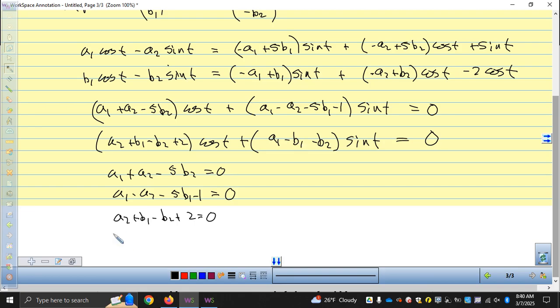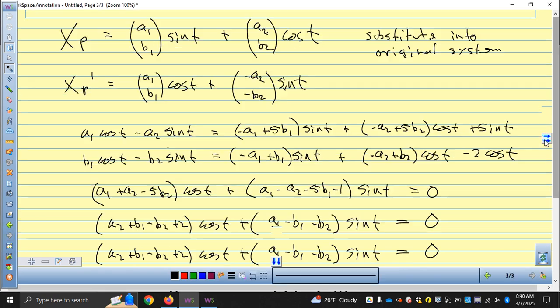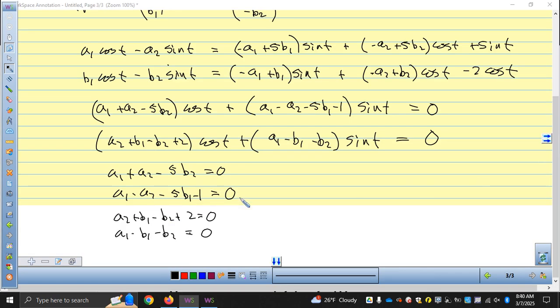And we need a1 minus b1 minus b2 equals 0. So for our function of a sine and a cosine in a pretty simple system here, we end up with 4 equations with 4 variables that we're solving.